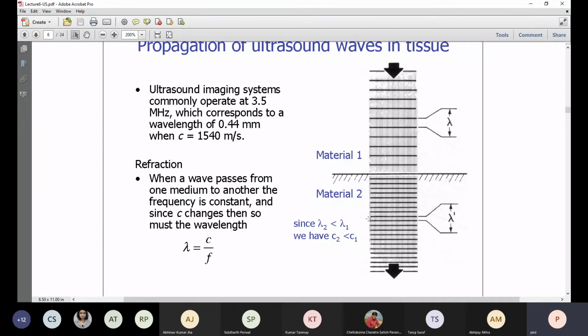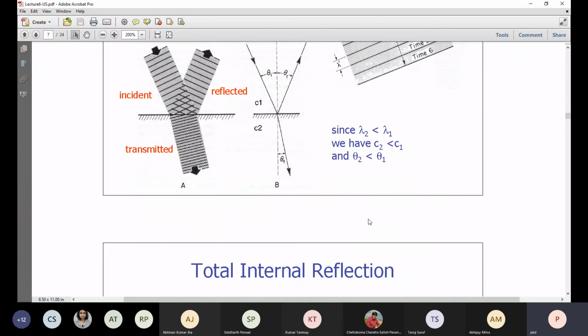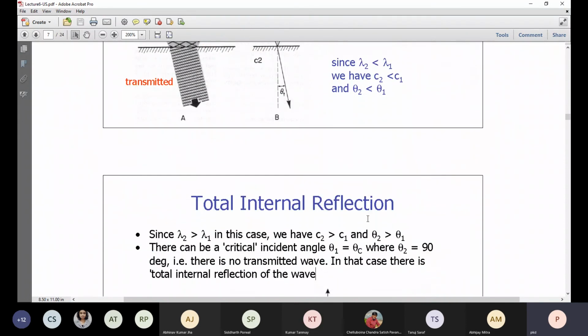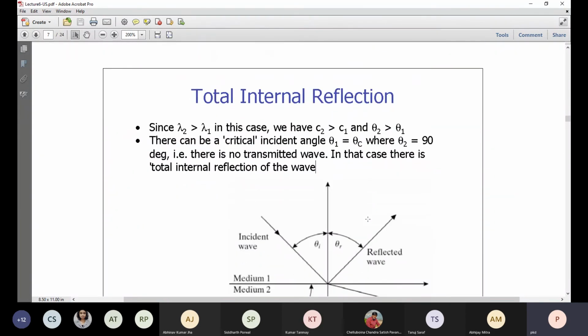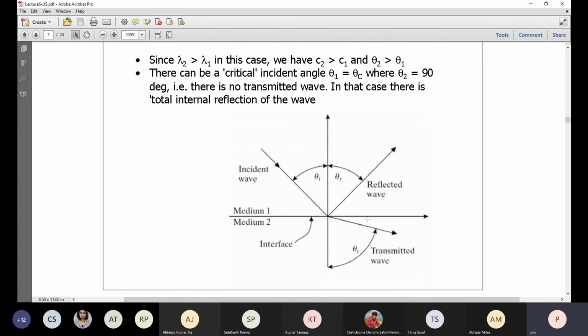Here it is shown how, from material 1 to material 2, the wavelength changes because of the change in velocity, for a certain frequency. Then reflection and transmission are explained, which we have already discussed. For the plane wave, there can be total internal reflection as well at the interface.